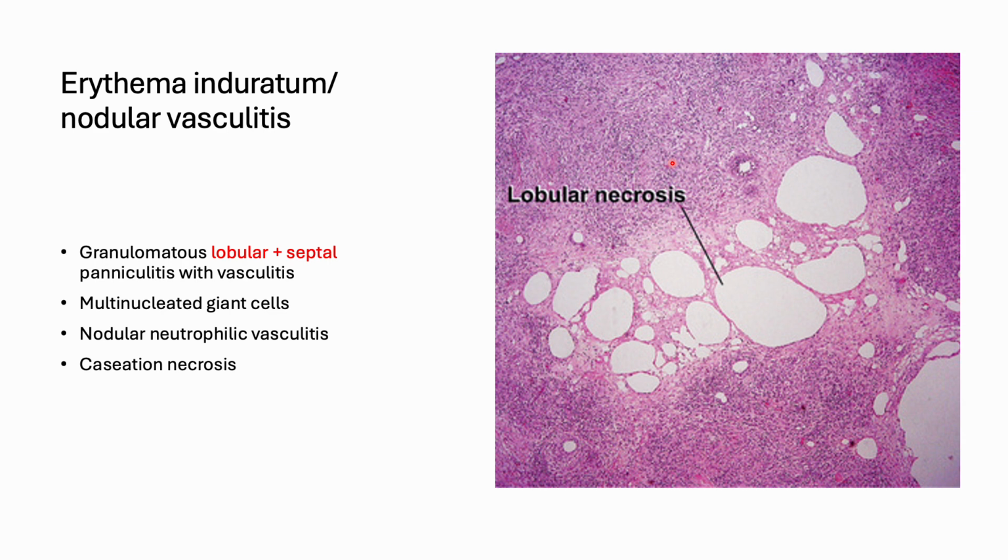Inflammatory cells can include multinucleated giant cells and neutrophilic infiltrate. And one unique feature of erythema induratum is that there can be neutrophilic vasculitis involving the blood vessel. That's why we have another terminology, erythema induratum / nodular vasculitis.